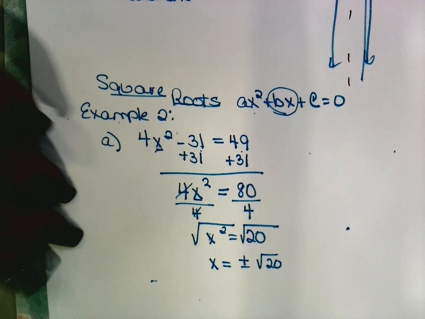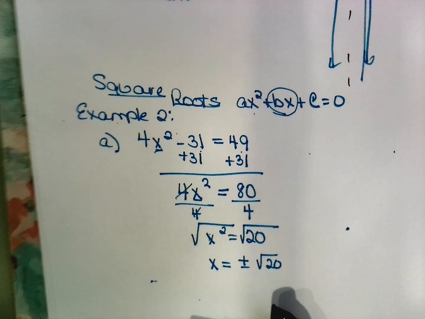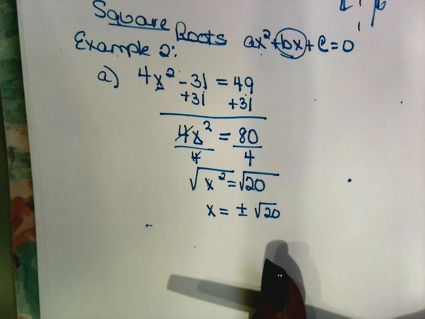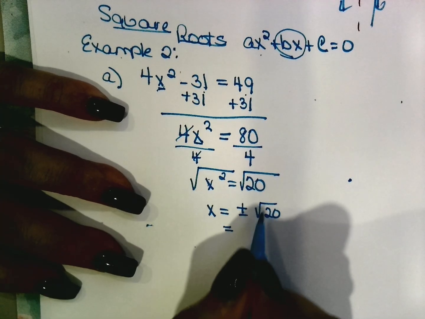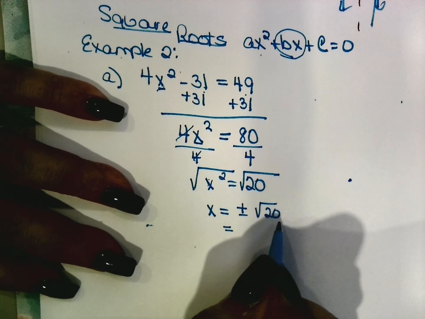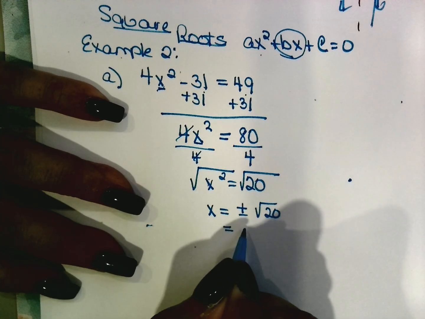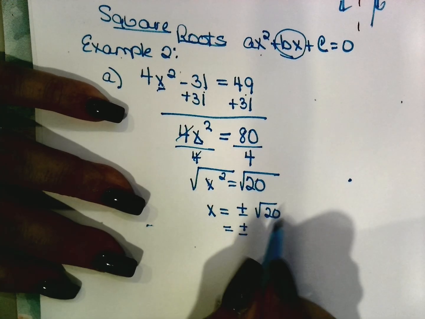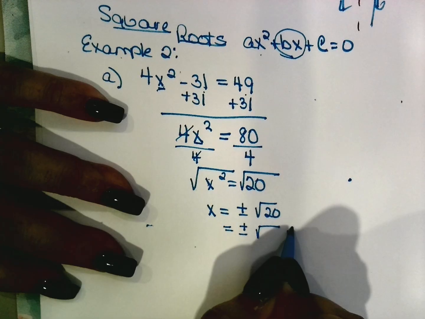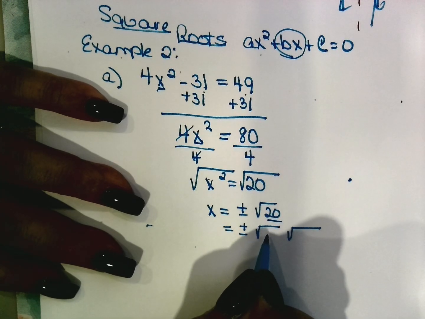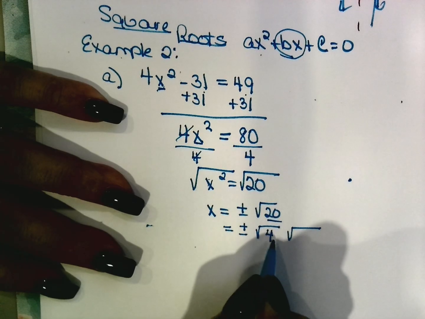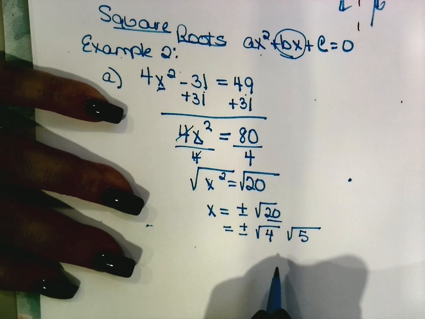Now before you say you're done, just remember that whenever we do square roots, we do want them in simplest form. So while I don't recommend at all that you plug in square root of 20 and give me a crazy decimal, what I do want you to do is to separate this into perfect square and not perfect square factors. So 20 has a factor that's a perfect square. It's 4. And 4 times 5 is 20.